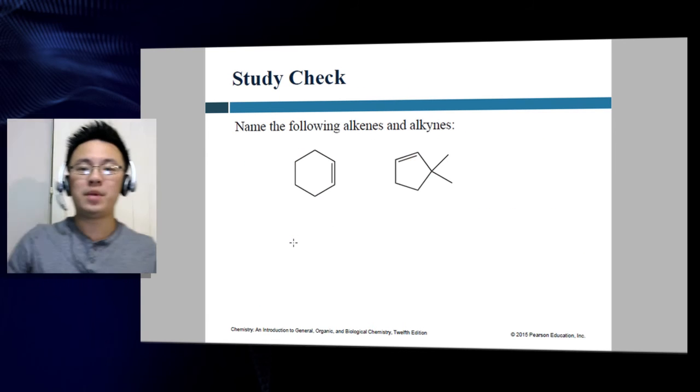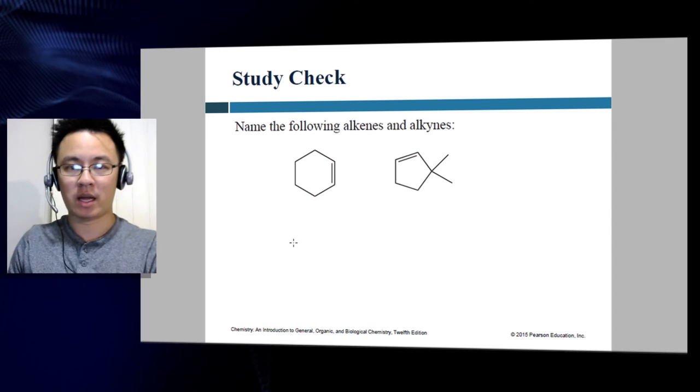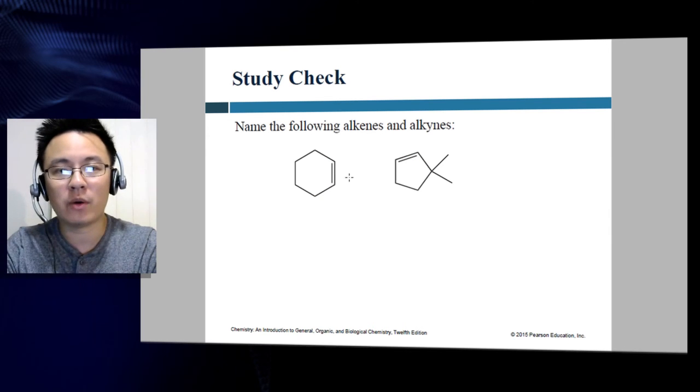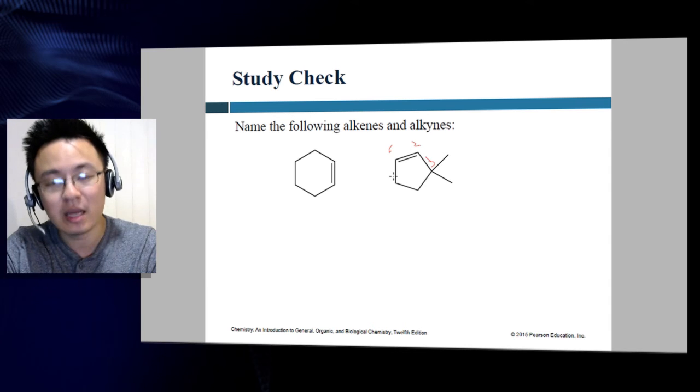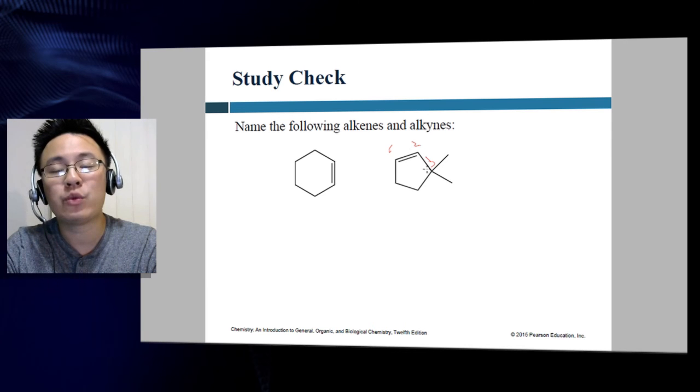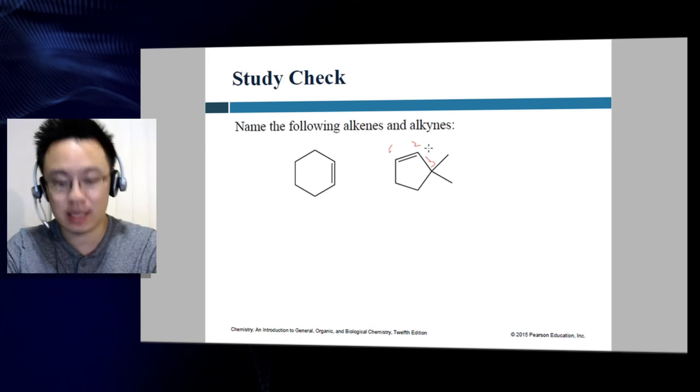All right, so when naming these alkenes and alkynes, we definitely have here a cyclohexene. I could say cyclohex-1-ene or something like that, but it's already implied, we don't need to do that. And then we have here 1, 2, 3.